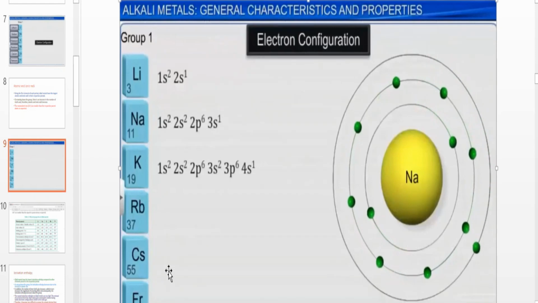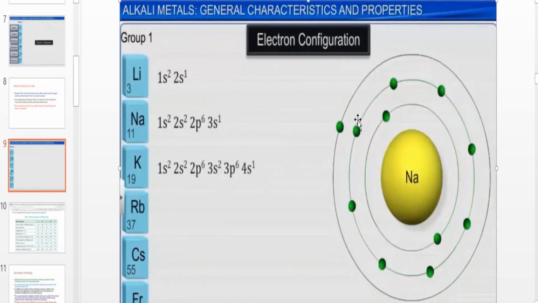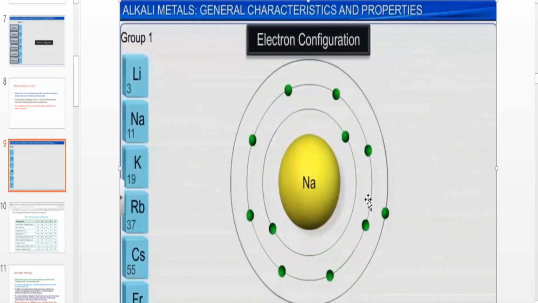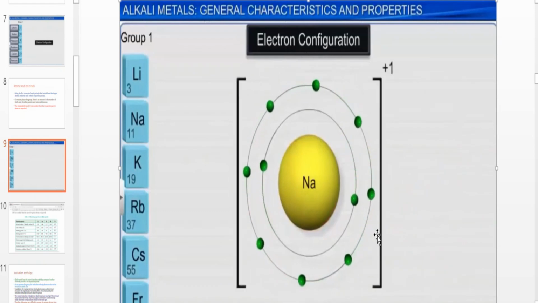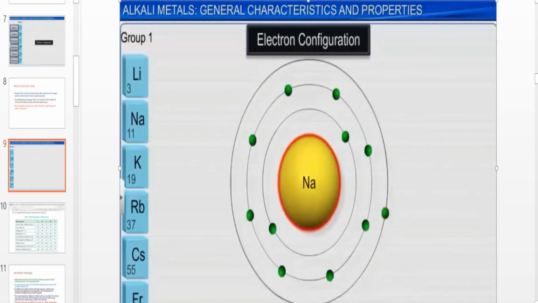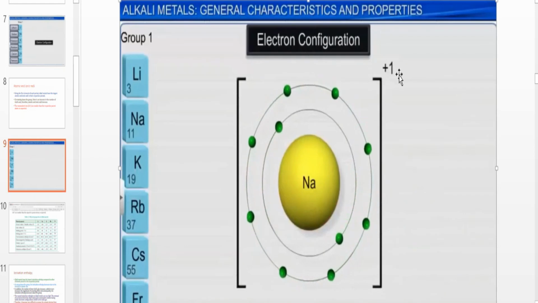See the electronic configuration for sodium, given here. In the third orbital, there is only one s electron revolving around the nucleus. So the sodium atom cannot hold this third electron. If you give a little energy, this third electron can be removed and it forms a positive ion.